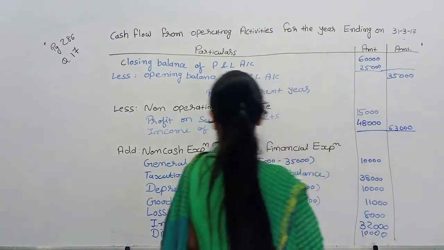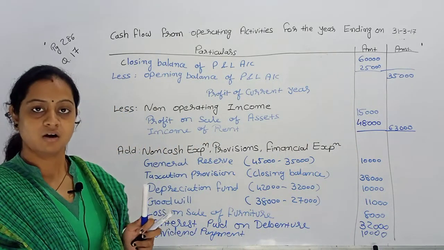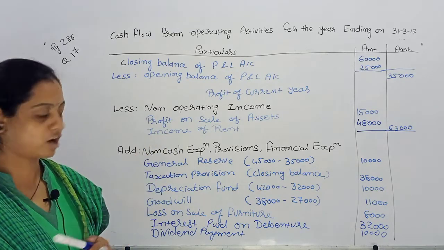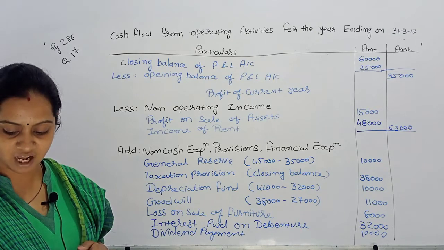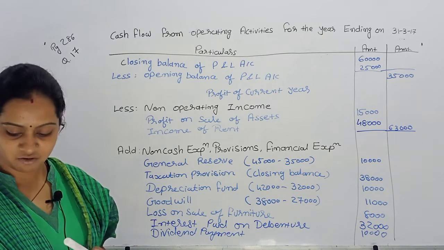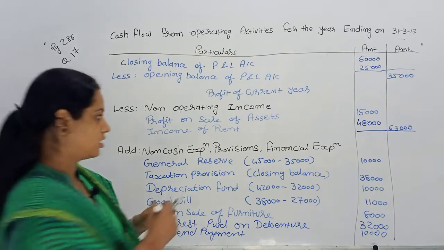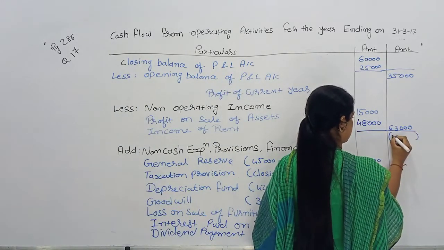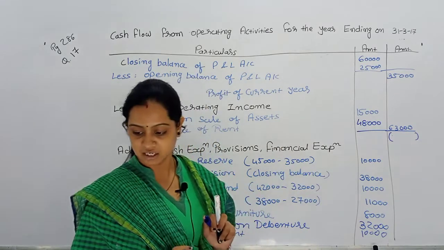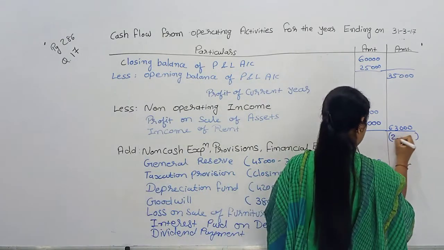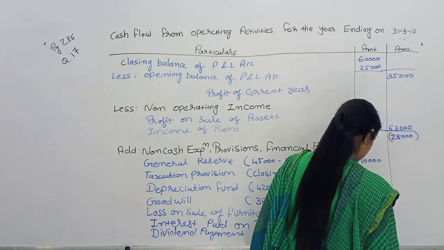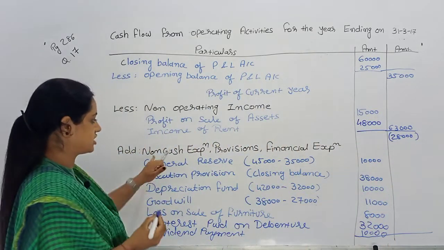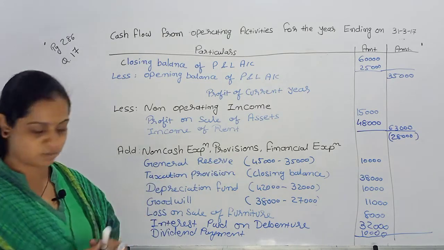We have to less 63,000, that is our non-operating income, from 35,000. So 63,000 minus 35,000, we are in loss. That means I will write it in bracket. Negative amount we write in bracket. Answer will be 28,000.